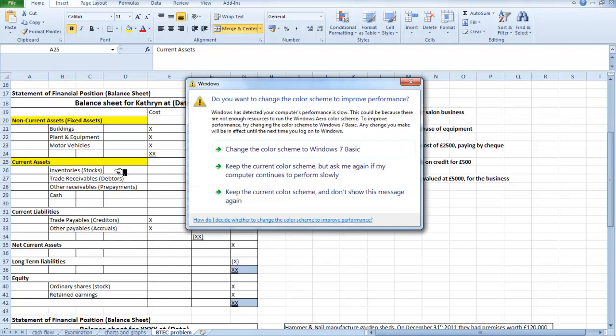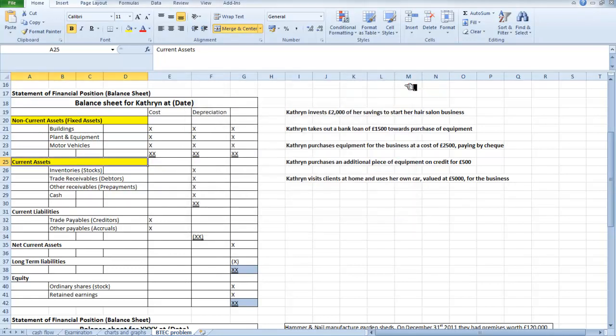So the purpose of an item in inventory is that it will eventually be used to turn into cash. Trade receivables, or debtors, refers to amounts of money that the business is owed, so that also represents an asset of cash. And other receivables, such as prepayments, also represent something that can be turned into cash. And then, of course, there is cash itself.